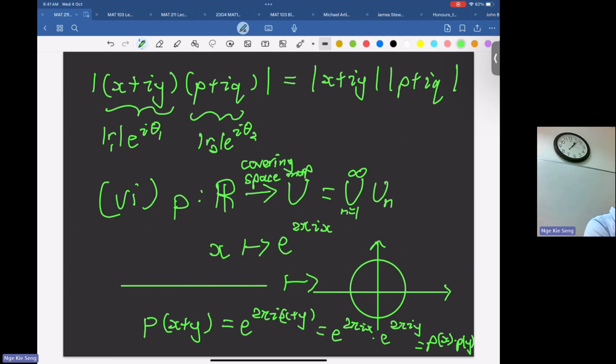I mean, R x, you mean something like this? Not R anymore. This unit circle.